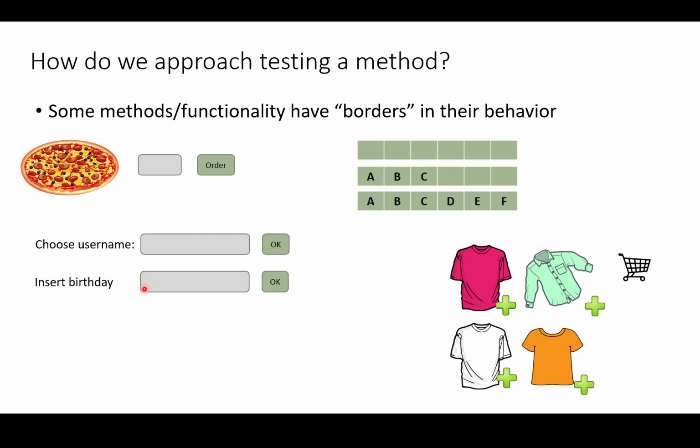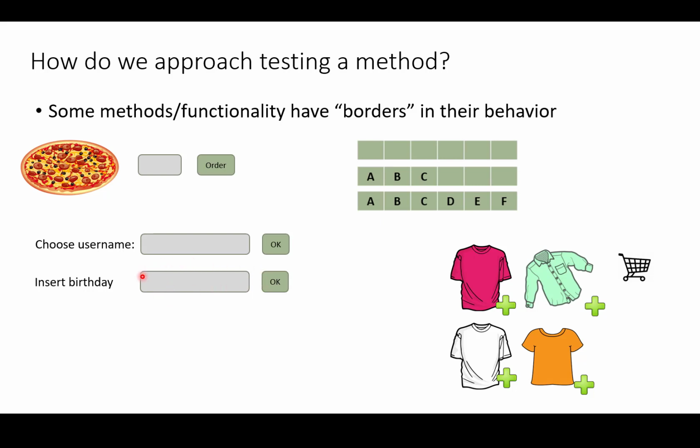Dates. If I insert a birthday, then inputted valid dates can be something we need to check. Months have either 28, 29, 30 or 31 days. So that might be a border. A valid date would be to put in 30/1. But if I put in 30/2, that would be invalid because February usually just has 28 days.